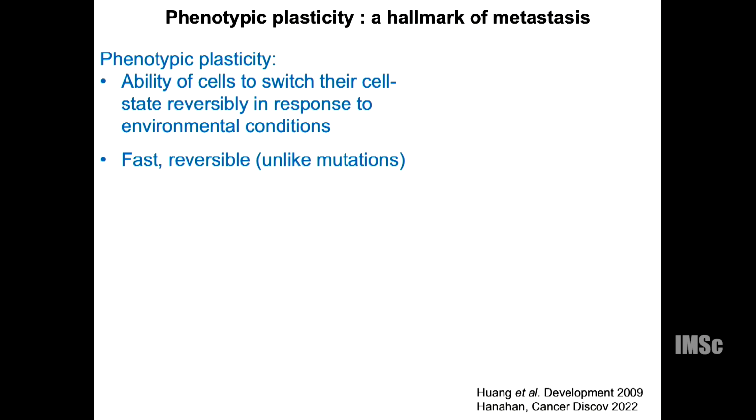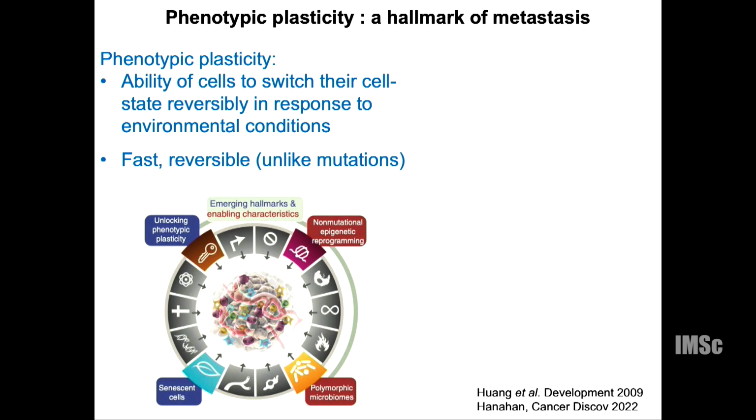So if you're thinking of a multi-stable system where cells could switch back and forth between the different states depending on the perturbation that you give, unlike mutations, where once a change has been done, it will be irreversibly passed down to every single cell in that lineage, and you cannot get rid of that mutation and change.